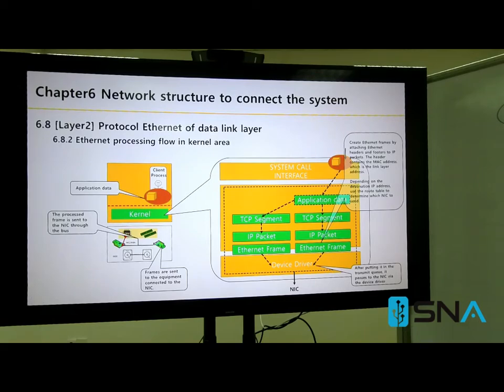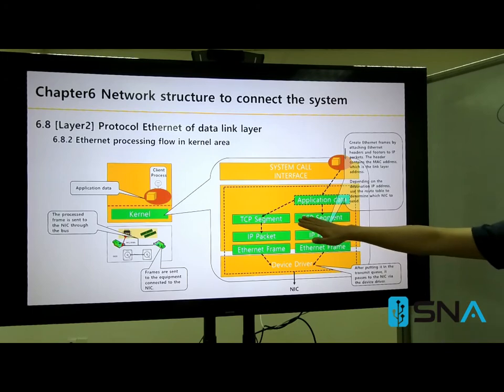The header contains the MAC address, which is the link layer address. Depending on the destination IP address, the route table is used to determine which NIC to send to. After being put in the transmit queue, it passes to the NIC via the device driver.